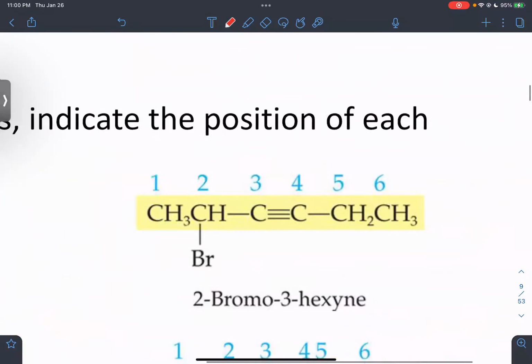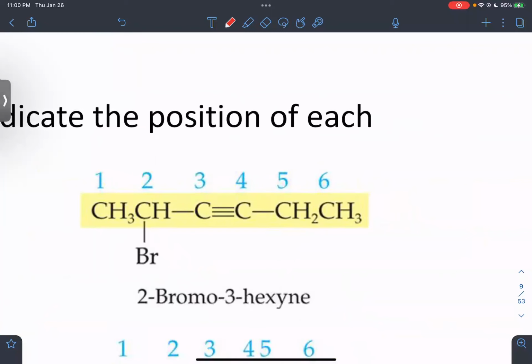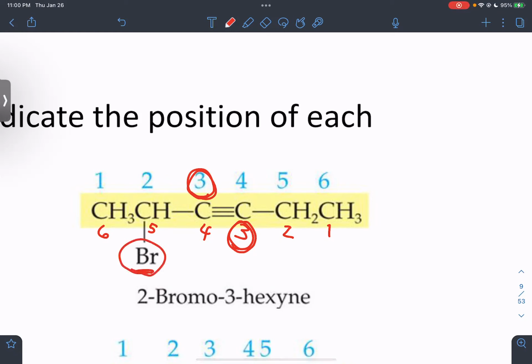If we come over here, we can do the same thing where we look at the numbering. So here's same thing. We have a triple bond starting at 3 and a triple bond starting at 3. So now, are we going to use the designation for our bromine group, a 2 or a 5?